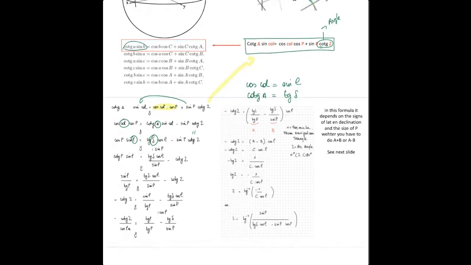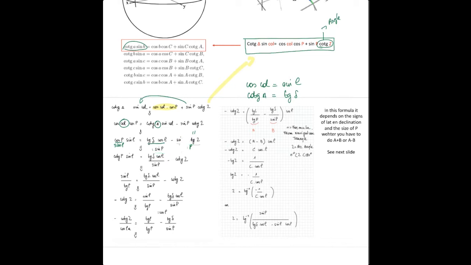So we end up with this formula here, and if we divide everything by the sine of P, we have the cotangent of P multiplied by the sine of L, and the sine of P is removed, so this leaves us with the cotangent of Z.